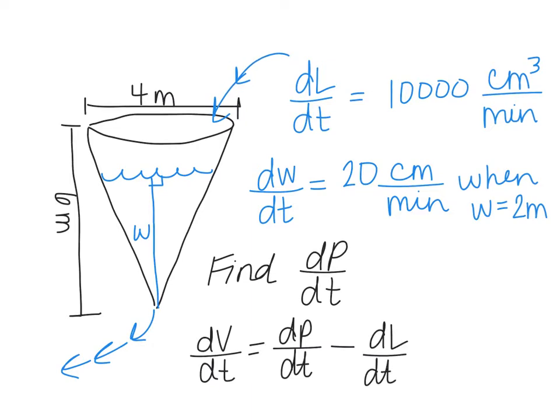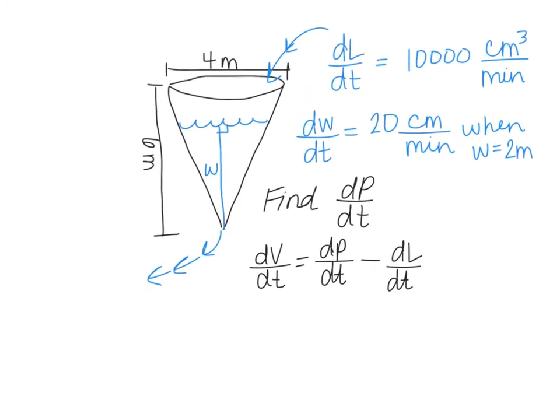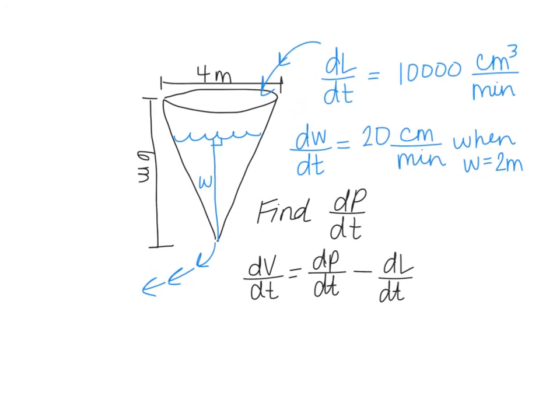So we've got the rate of the pour minus the rate of the leak. And dL/dt was given to us, right? We know that is 10,000 cubic centimeters per minute. So dV/dt is equal to the rate of pour, dP/dt, minus 10,000.